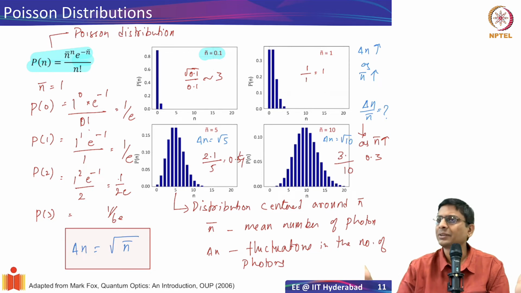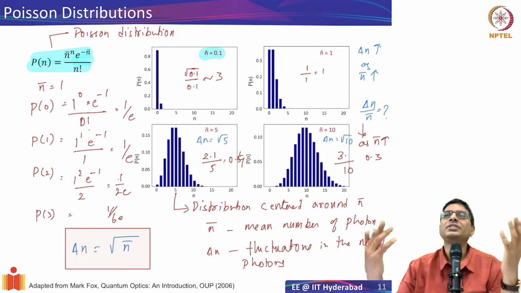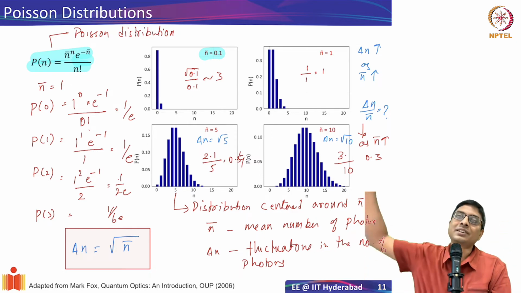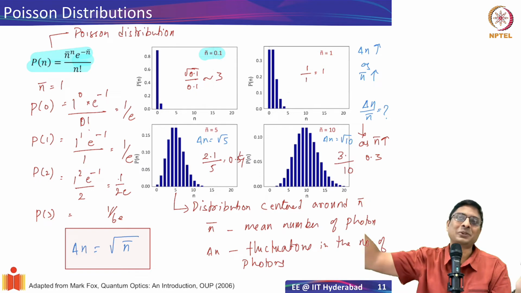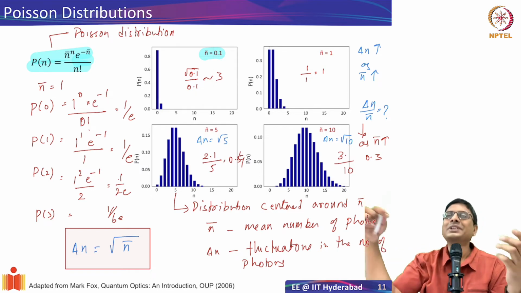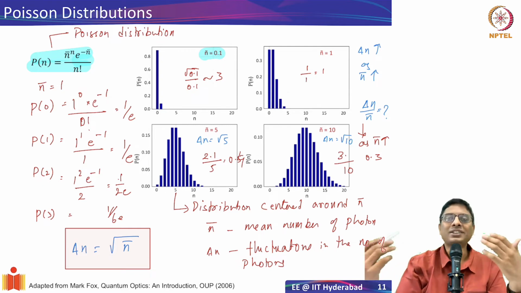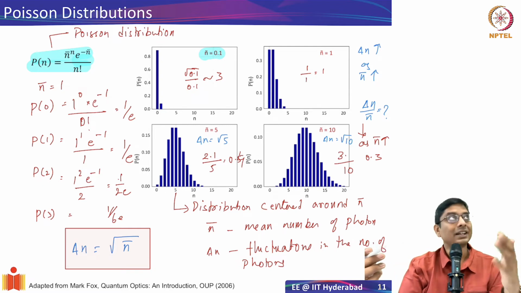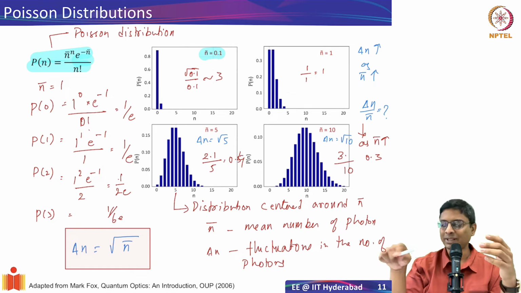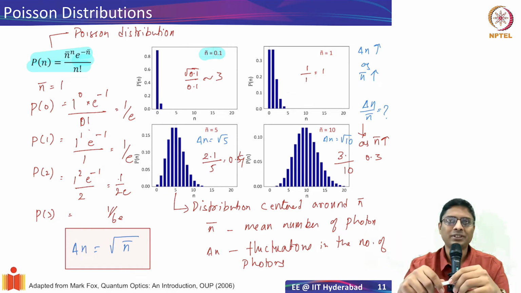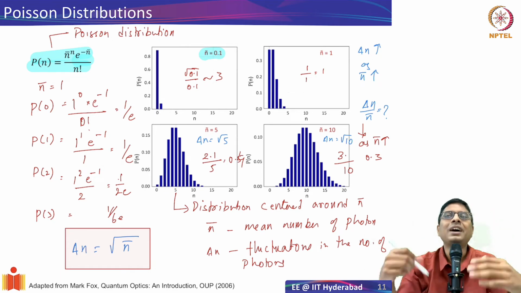That is very, very tiny relative to 10 to the power 15. In the 7th decimal you are seeing some variation in the number of photons. You don't care. So when you have a large intensity beam like my laser pointer, which has 1 milliwatt of power, I don't have to worry about the quantum nature of the light.